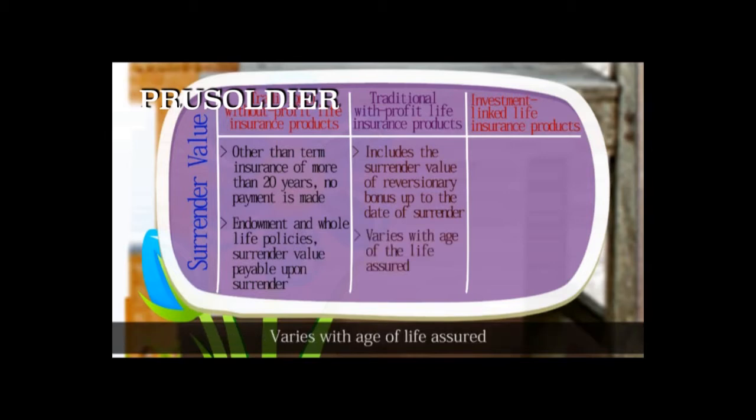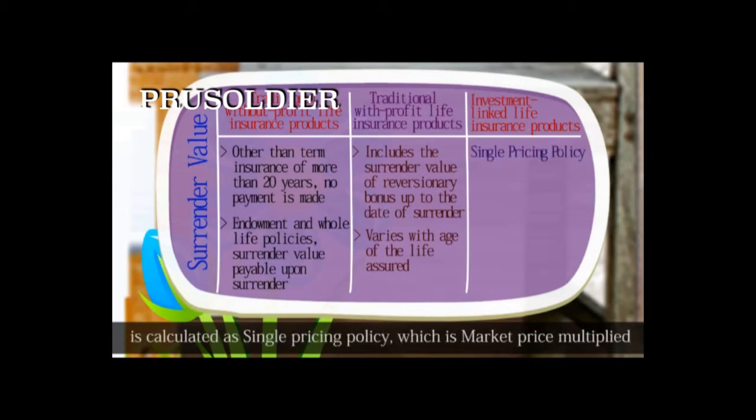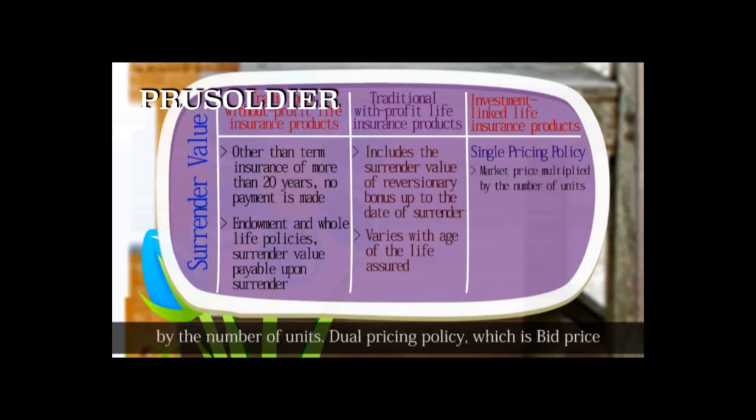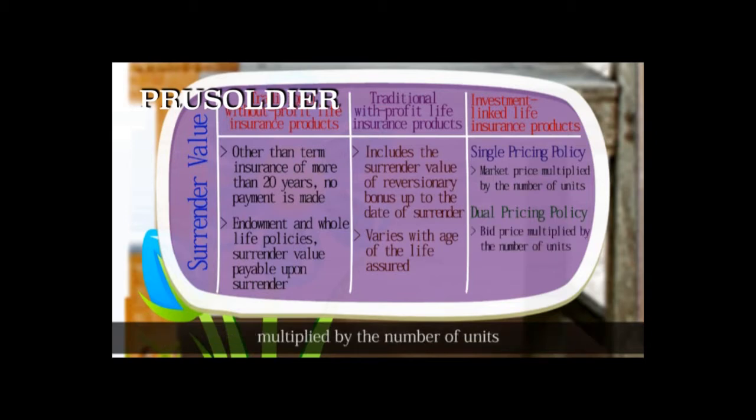Varies with age of life insured. The surrender value of the investment-linked life insurance product is calculated as single pricing policy, which is market price multiplied by the number of units. Dual pricing policy, which is bid price multiplied by the number of units.